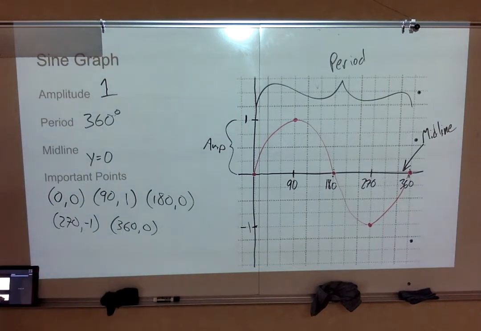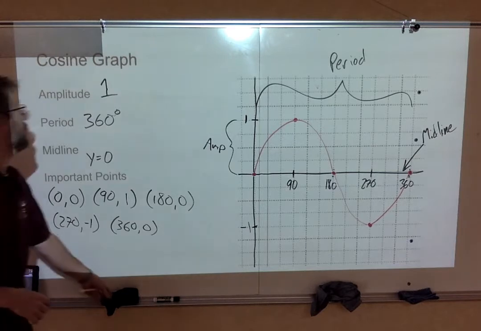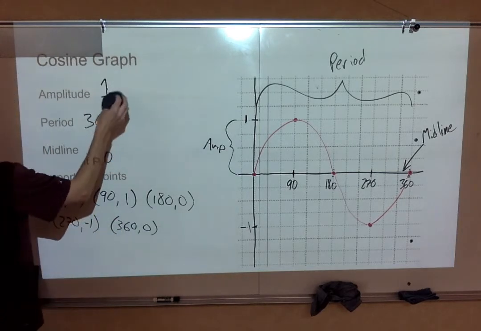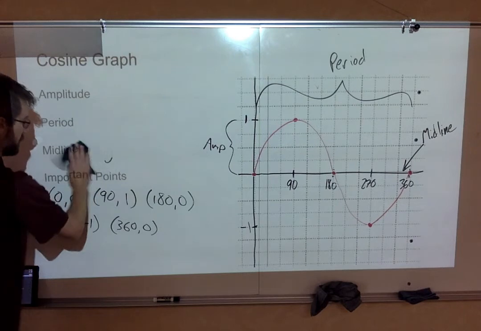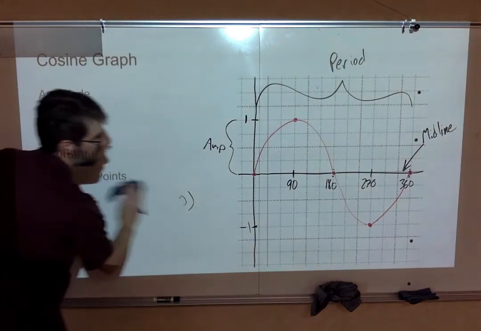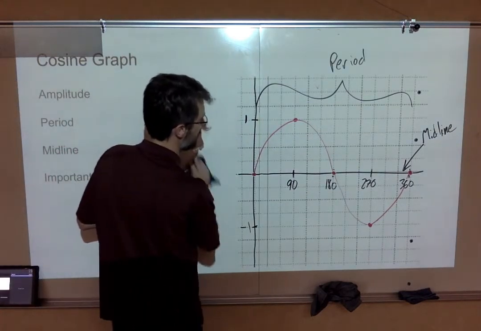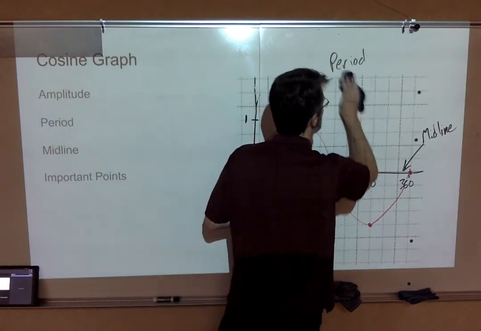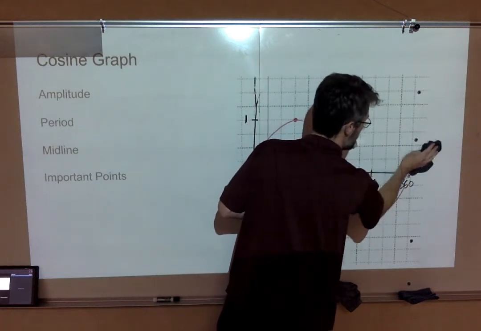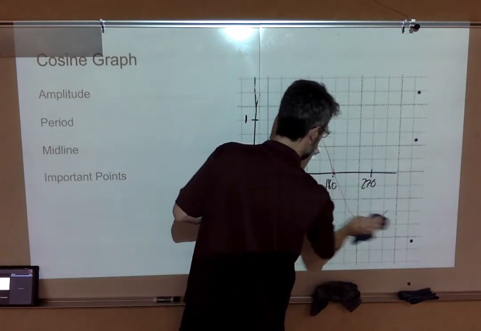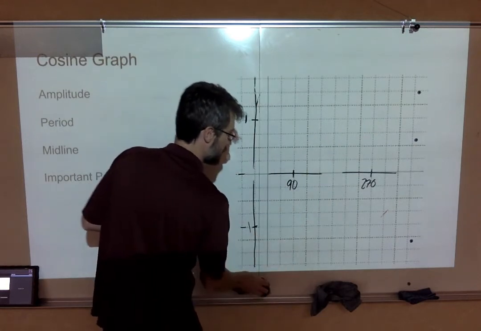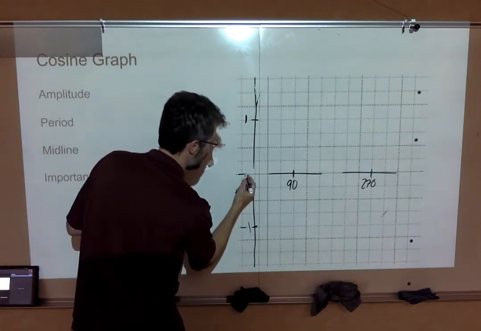Okay, let's take a look at our cosine graph then. Some of these things are going to be the same and some are going to be different. We are going to use the same axes, the same scale, although I'm going to have to redo some of it.